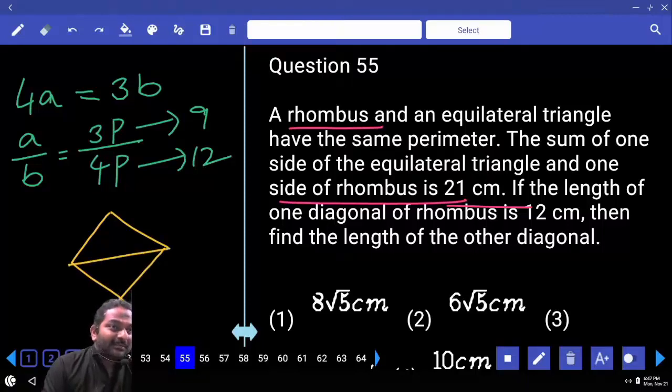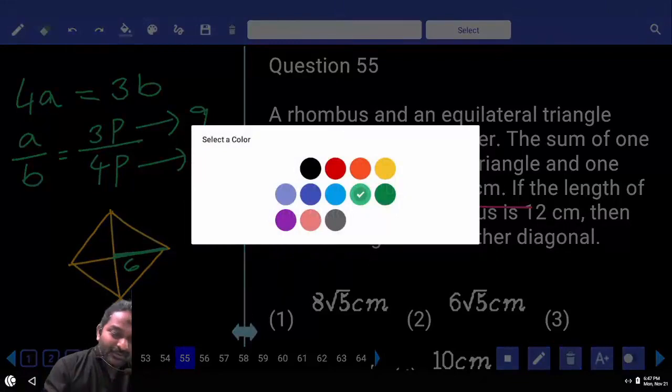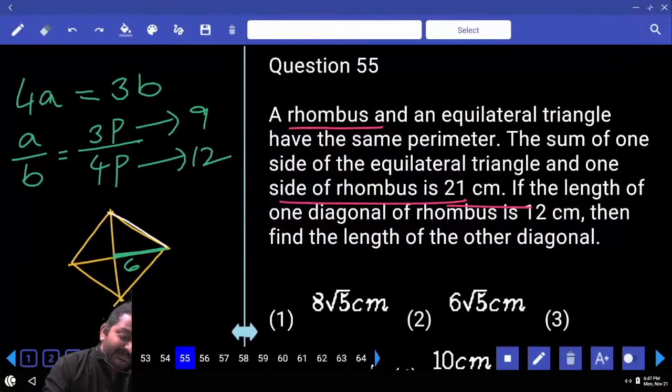One diagonal. How much is that? Then, exactly, this becomes exact half, and it is 6. Now, you already know the side of the rhombus. Side of the rhombus? This one, right? 9.